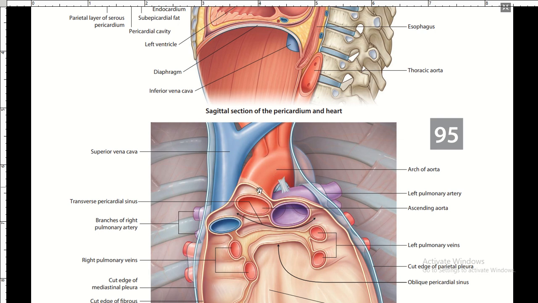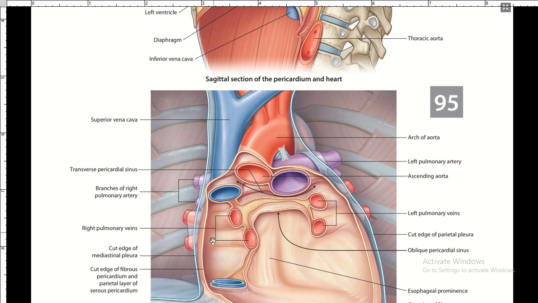Remember the arch of the aorta moves upwards and towards the left. Moving from the heart, you're going to have this portion covered within the pericardium, which is your ascending aorta.